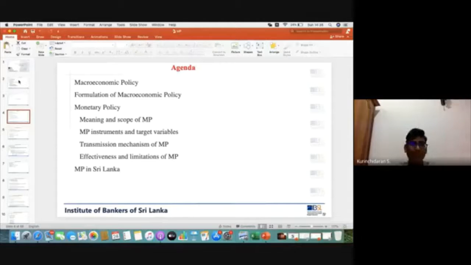Under that, we are going to discuss monetary policy in detail: the meaning and scope of monetary policy, monetary policy instruments and target variables, the transmission mechanism of monetary policy, the effectiveness and limitations of monetary policy, and how monetary policy is conducted in Sri Lanka.